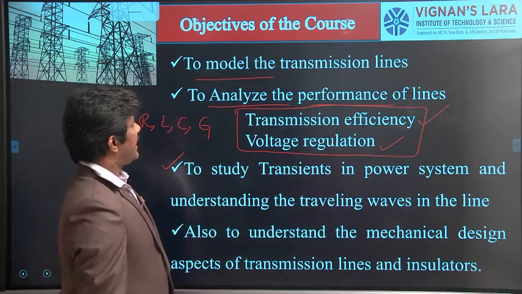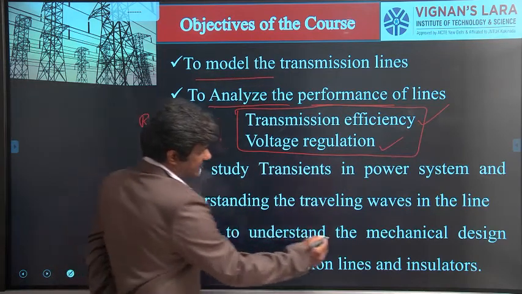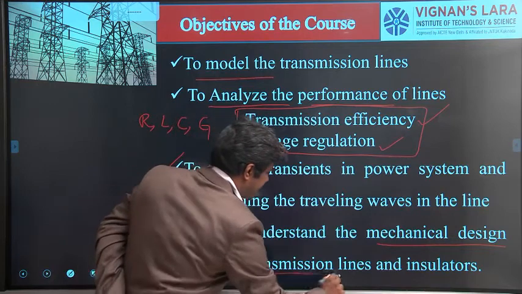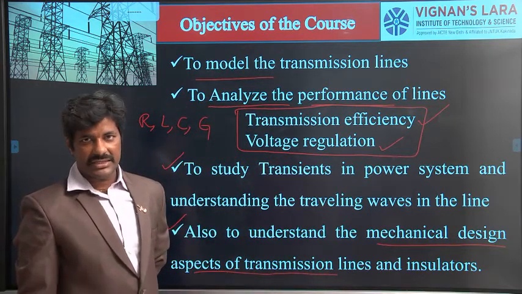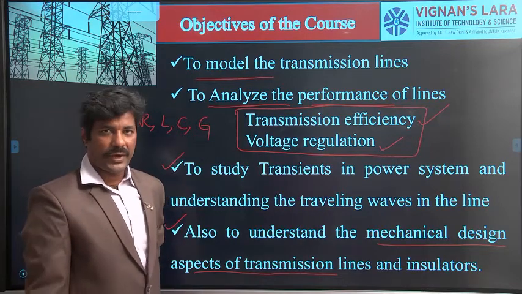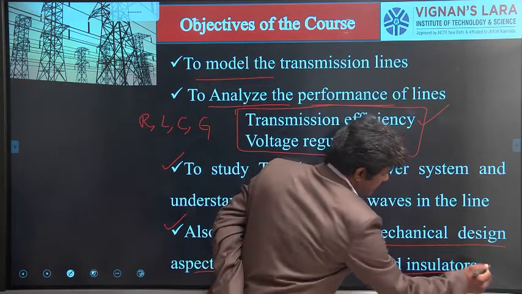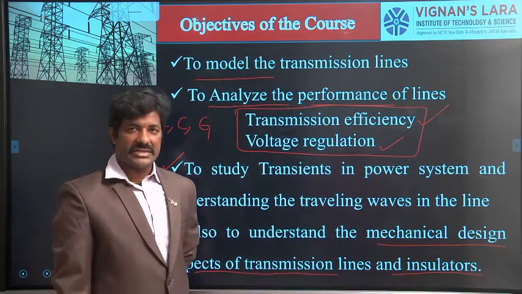And another objective is to understand the mechanical design aspects of the transmission lines: how to design the towers, the height of the tower, the width of the cross arm, and how much sag is to be provided, etc. And finally, the objective is to design the insulators which isolate the live wire from the tower structures.